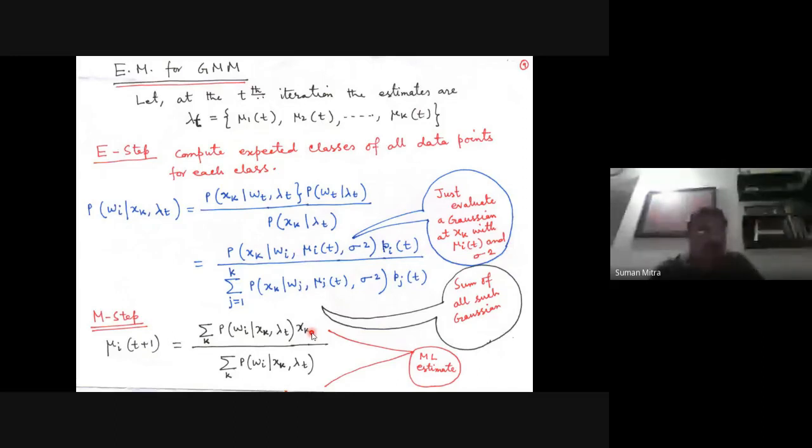In case of a single Gaussian, it was only the sample mean, but in case of EM, it is not the mean, it is weighted. Now, how are we getting it? We stop over here.